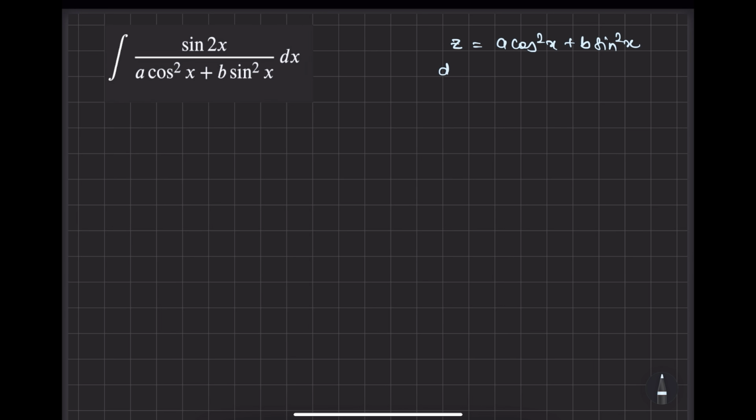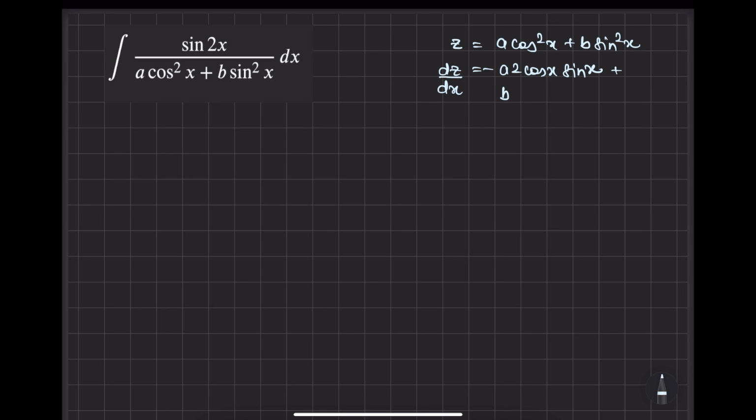Now go with the differentiation. dz by dx equals a is a constant, 2 comes outside, cos x and sin x, and we have differentiated cos, so we will have minus 1. In the same way we differentiate b sin square x.